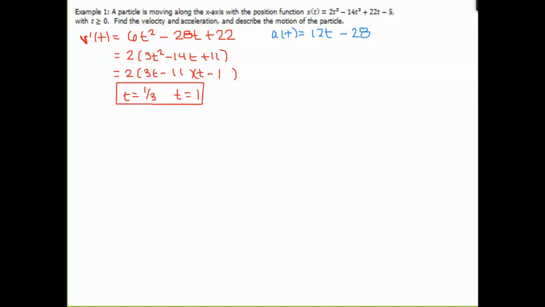Acceleration can also have PPOIs, potential points of inflection, at the zeros. They also give the times when the acceleration is changing, so we can look at speeding up and slowing down. And that would be at 7/3.